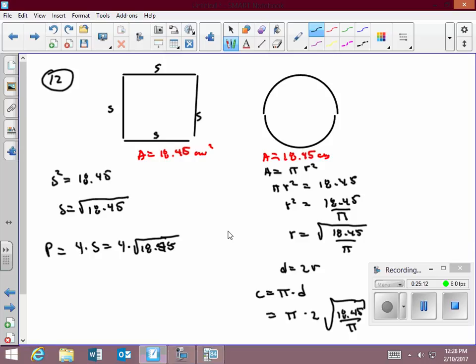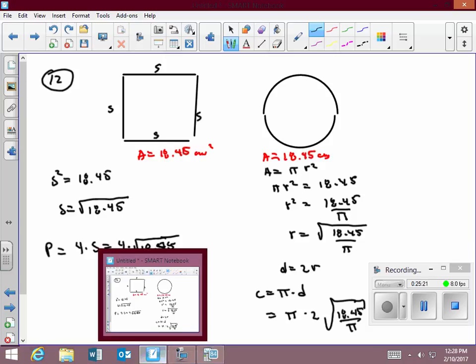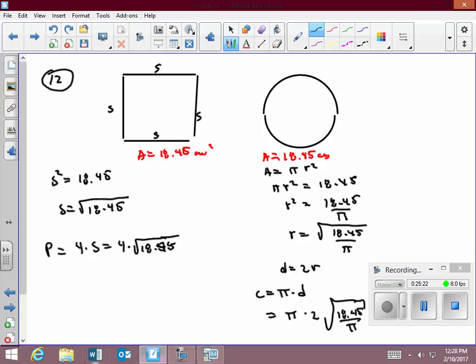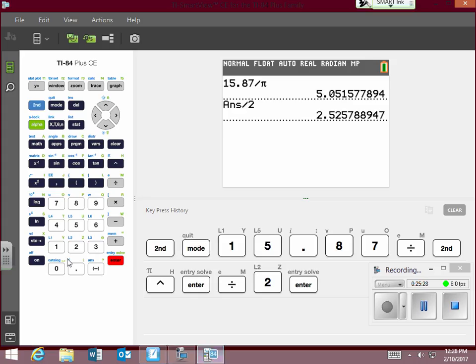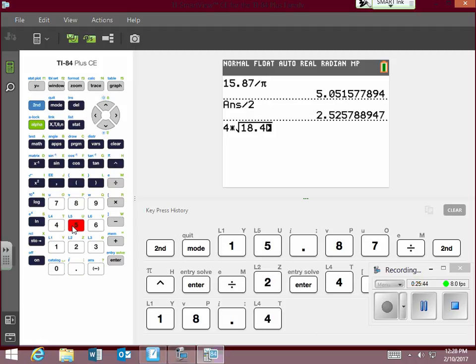Well, this will just make one round-off error when I do the calculating on it. One of them I have to go 4 times the square root of 18.45, right? So that's 4 times the square root of 18.45.